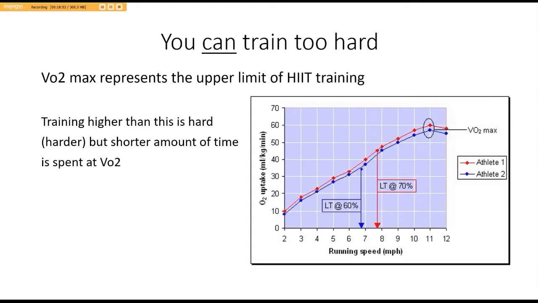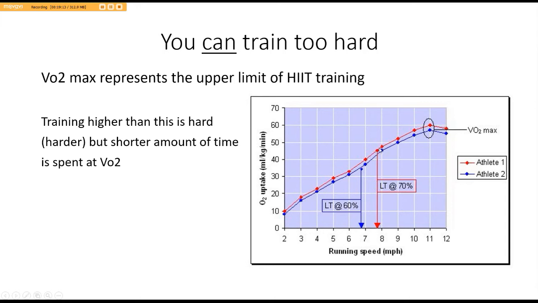So also understand that with high intensity interval training, you can train too hard. The VO2 max represents the upper limit of high intensity interval training. So in this individual here, they have their lactic threshold here, which could be their second ventilatory threshold equivalent.